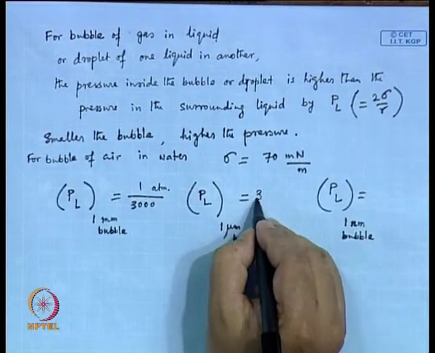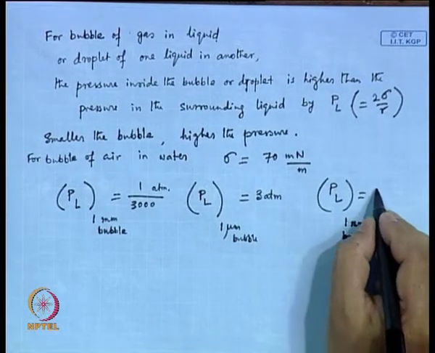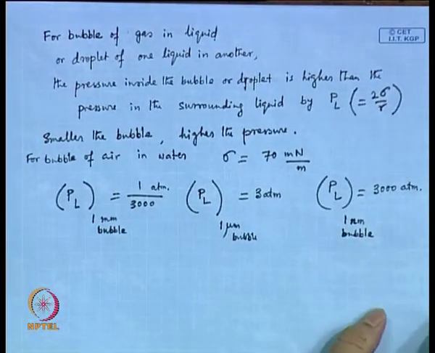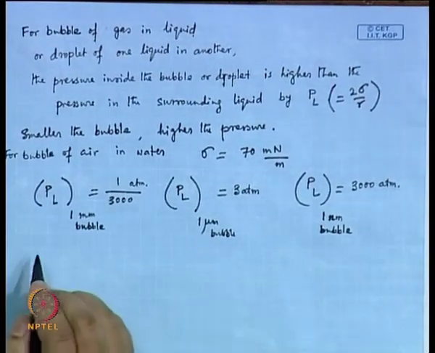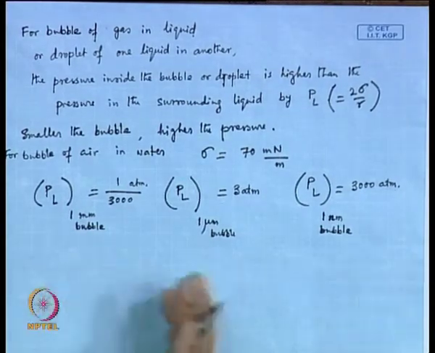For a 1 micrometer bubble, it is 3 atmosphere, and for 1 nanometer, it is 3000 atmosphere. All right. So, this is the difference, and what would be the repercussion?